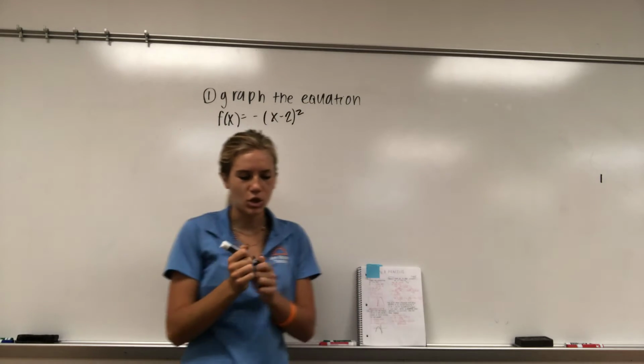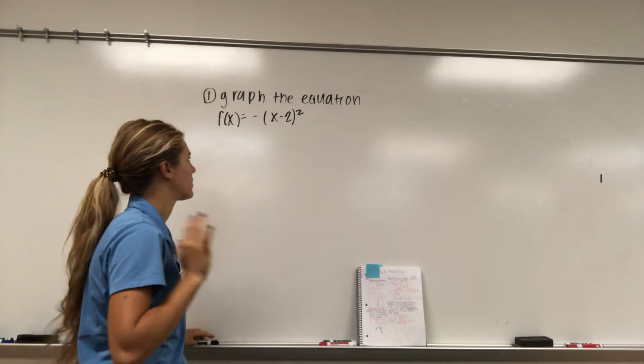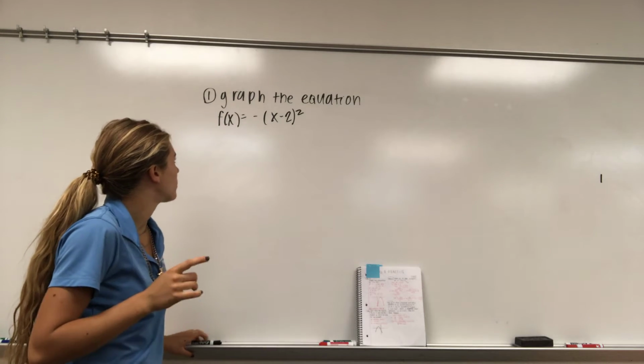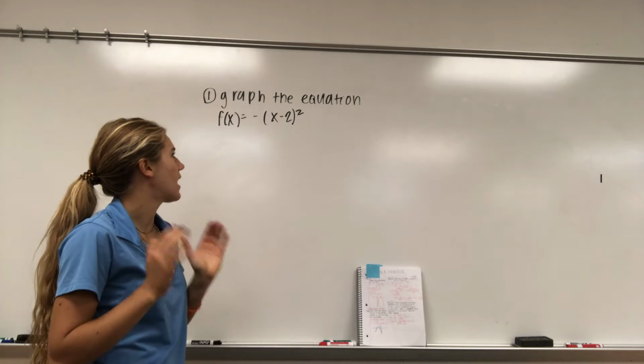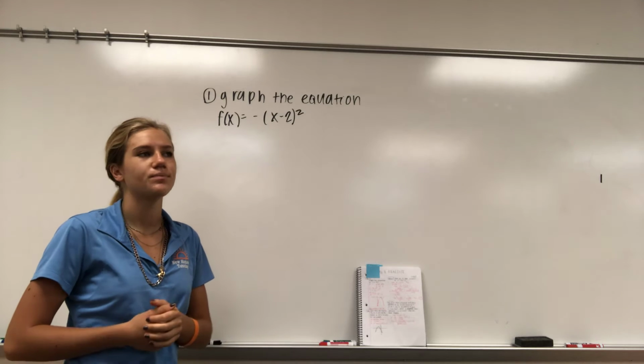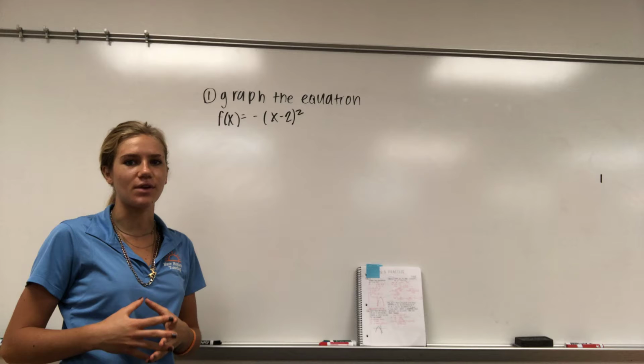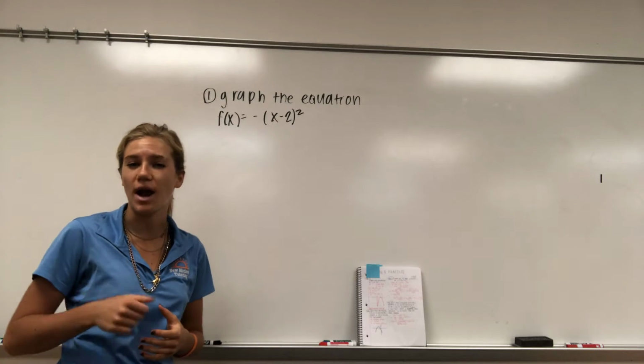Okay, so we have this problem up here, right? It just says graph the equation, and gives us an equation. f(x) is equal to negative, in parentheses, (x minus 2) squared. And it wants us, obviously, to graph it. Obviously, related to an actual ACT test, you're never specifically going to have to sketch out a graph.